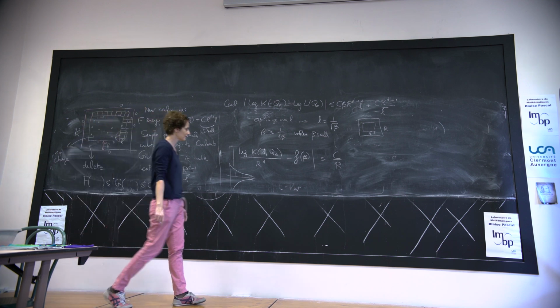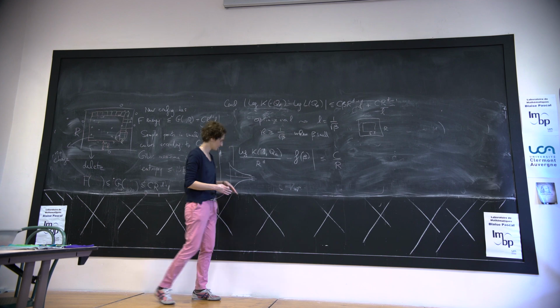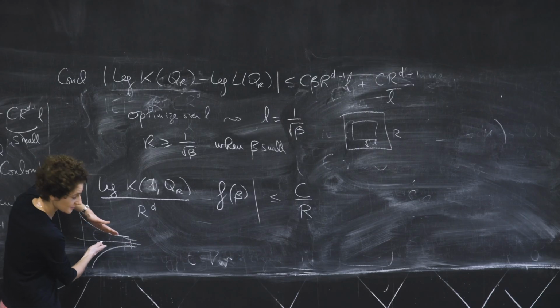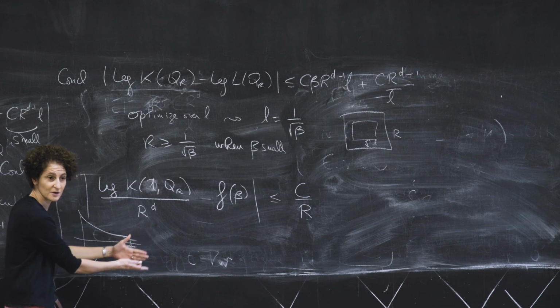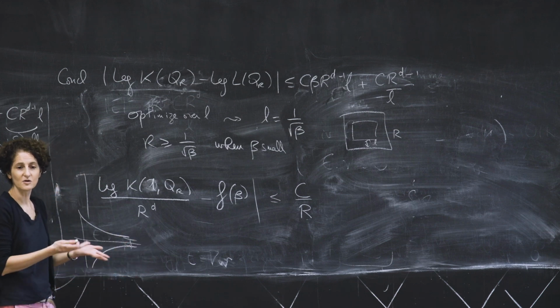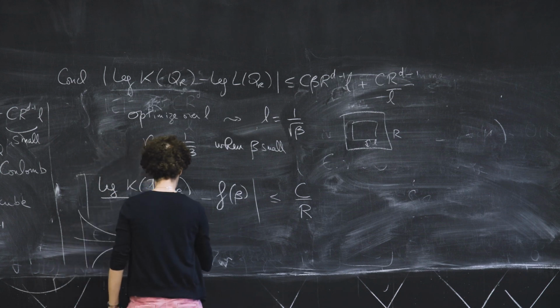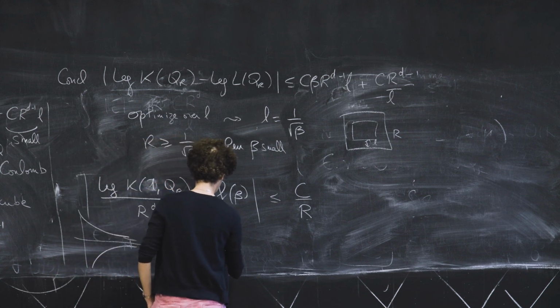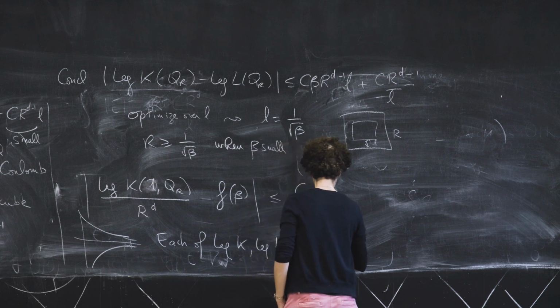And moreover, when you have things that are subadditive and things that are superadditive, and eventually they're almost the same, it means that each of them is almost additive. Right? So each of log K, log L is almost additive.